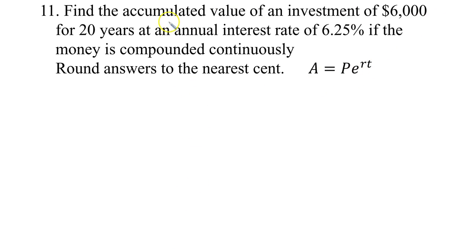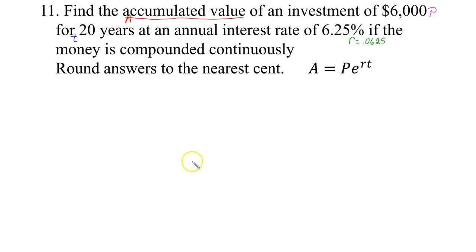We're looking to find the accumulated value. So this is A, that's what we're trying to find, where our principal or the amount invested is P, our time is 20, and our interest rate is 0.0625.